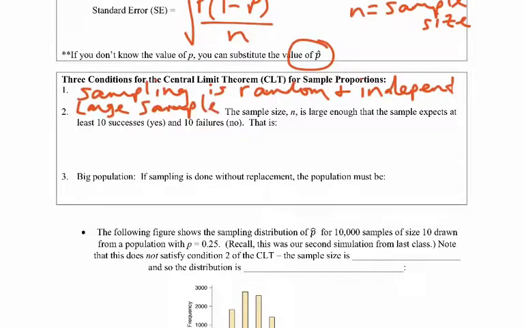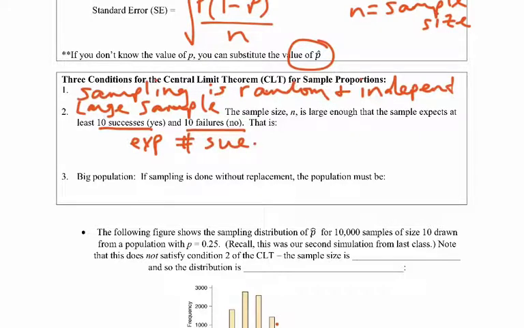How large does the sample have to be? The sample size n has to be large enough so that the sample expects at least 10 successes and 10 failures. So another way of saying that, and I don't really have a notation for expected successes, so I'm just going to kind of write expected number of successes.